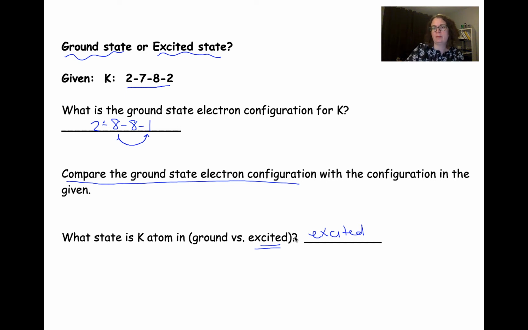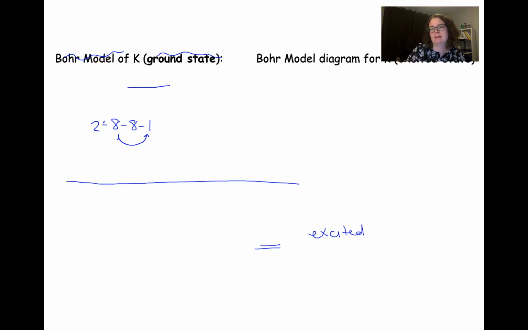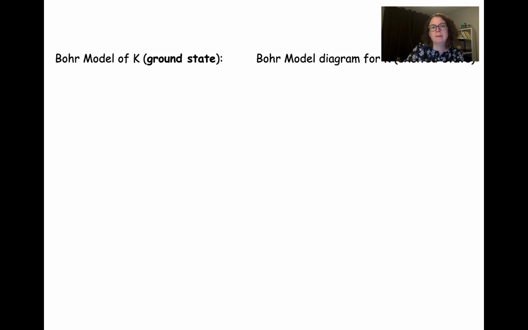We can also draw Bohr models to help us visualize what's going on here. So we can draw the model of potassium in the ground state. So that's 2-8-8-1. So I put my nucleus. Then I have my n equals 1, where I'm going to have 2 electrons.